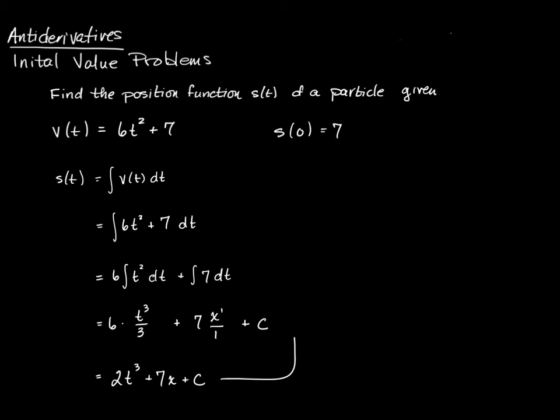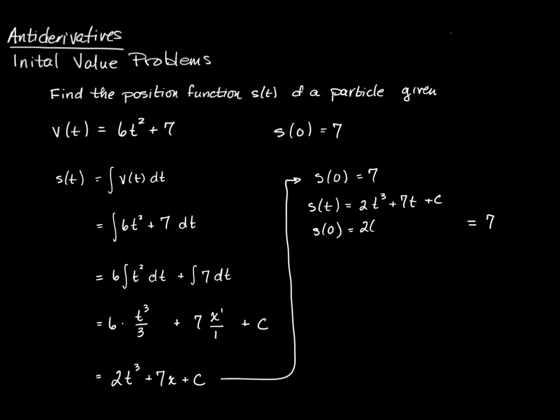It's important to take this to the next step by noticing that we are given s of 0 equals 7. That tells us that the position function, s of t, which is 2t cubed plus 7t plus c, should equal 7 when t is 0.